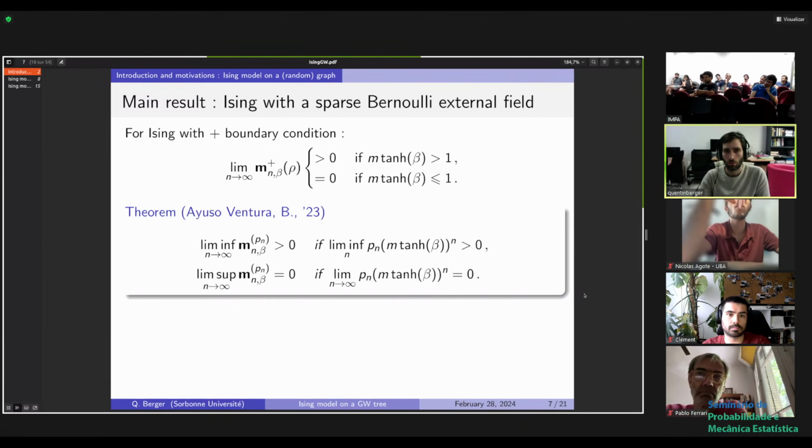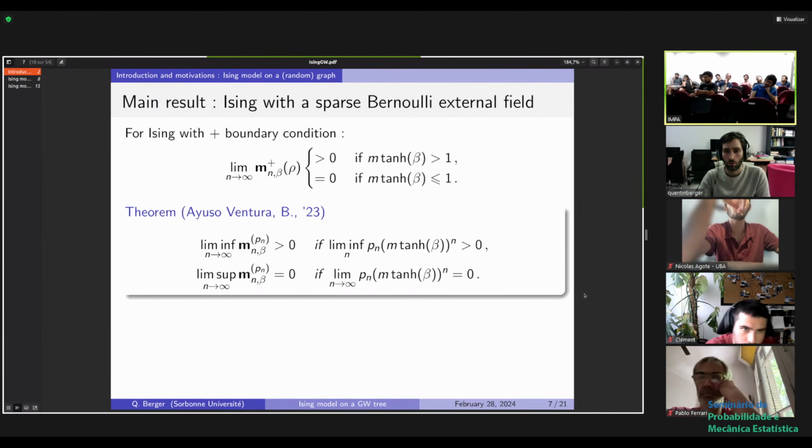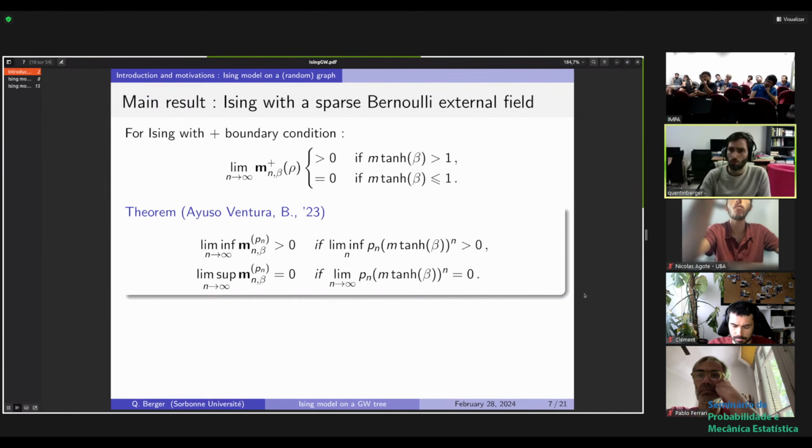Okay, thank you. And by tuning p, around this not being exactly a power, can you change what happens at criticality? It's a good question, and yes, you can change it.